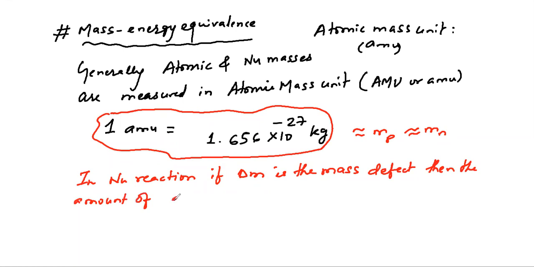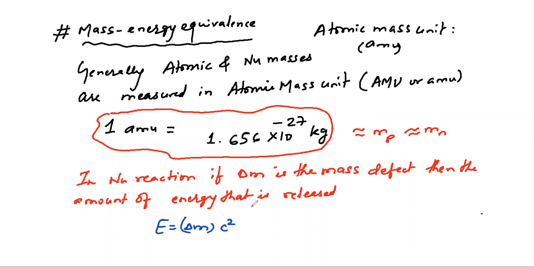So that is given by Einstein's mass energy equivalence. That energy will be E is equal to delta m c square. Okay, delta m c square.